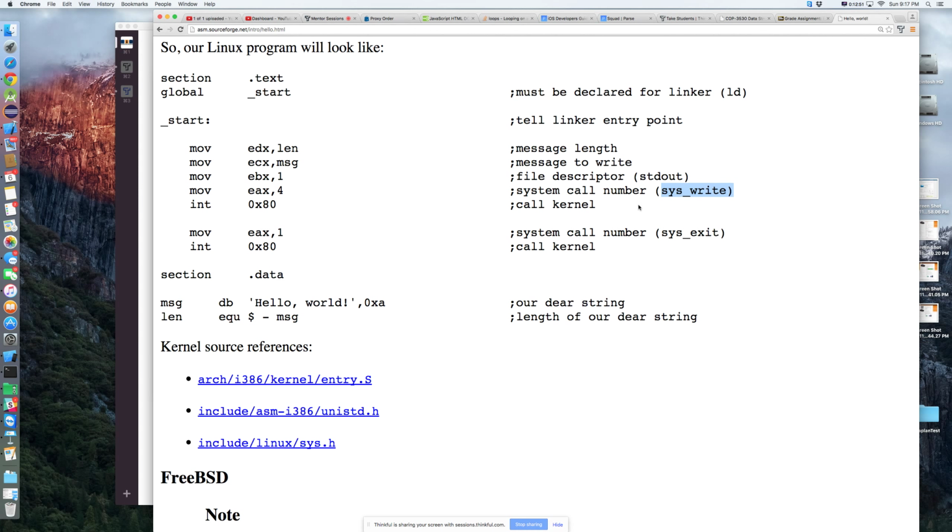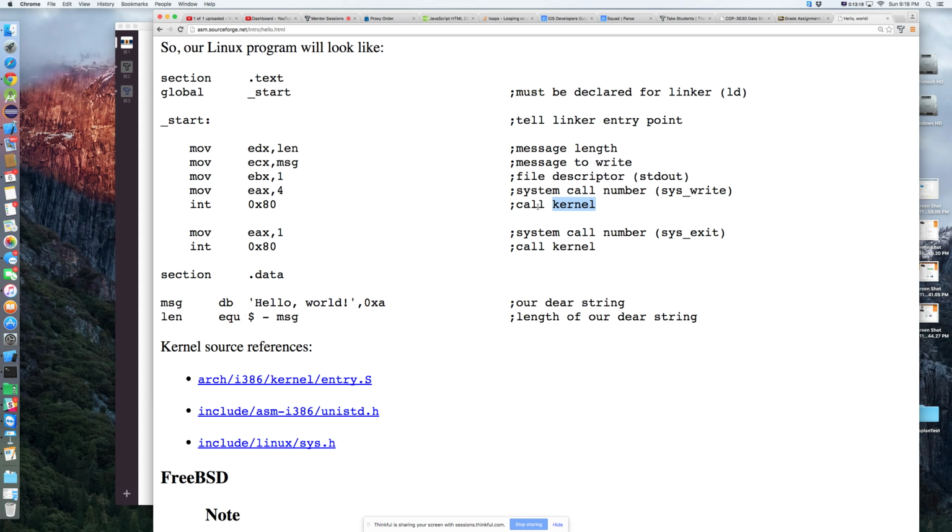The syswrite function requires 3 inputs. It requires the output stream we're going to be writing to, the string we're going to be writing, and how long what we're writing is going to be. 3 different inputs for this particular function. So we've staged these 4 values in 4 different hardware registers, and then right here we interrupt the CPU and call upon the kernel.